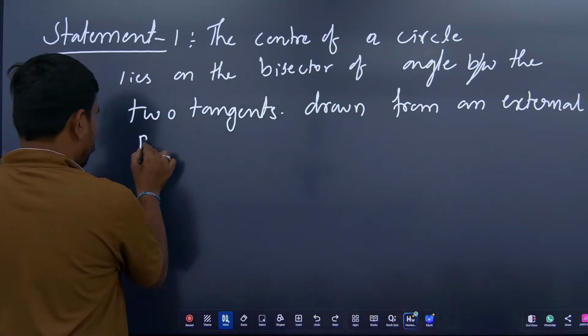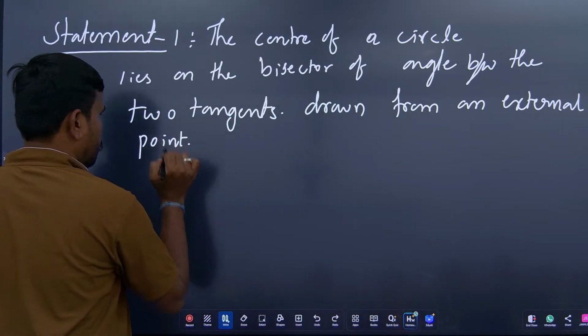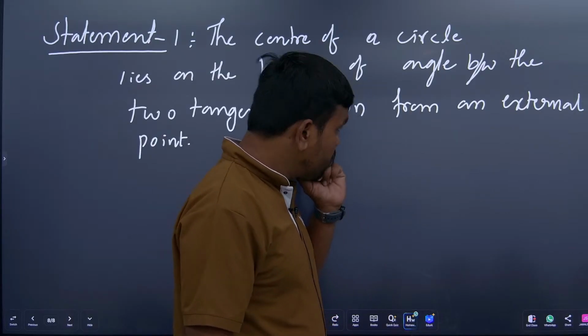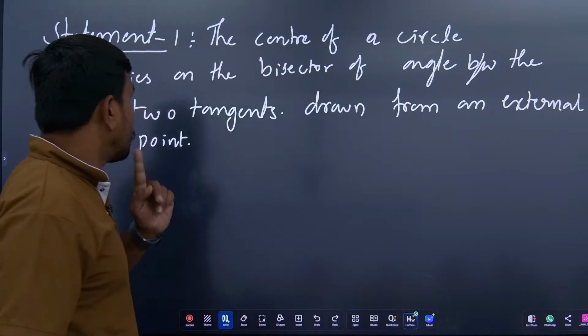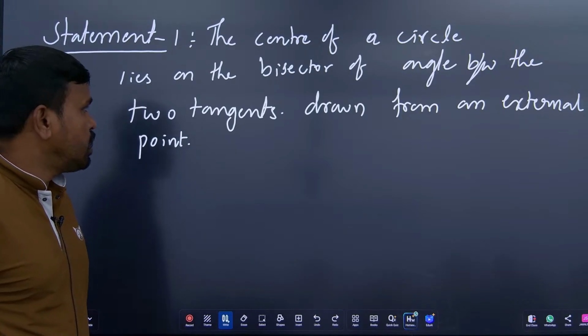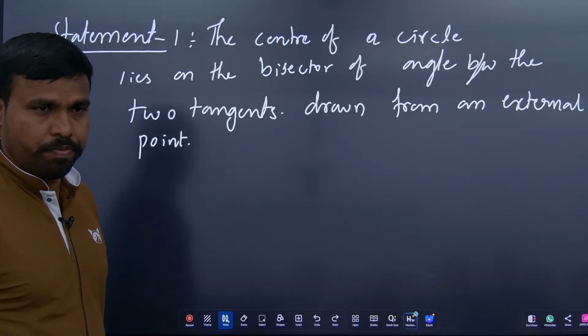External point. The center of a circle lies on the bisector of the angle between the two tangents drawn from an external point. Okay.